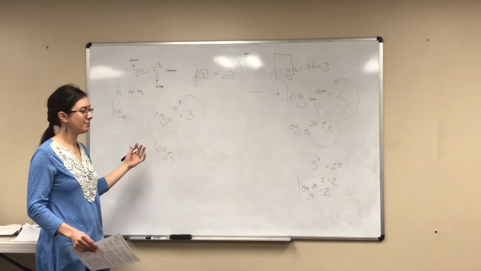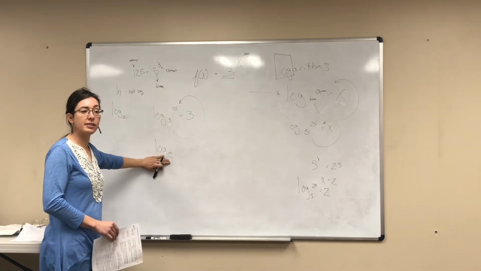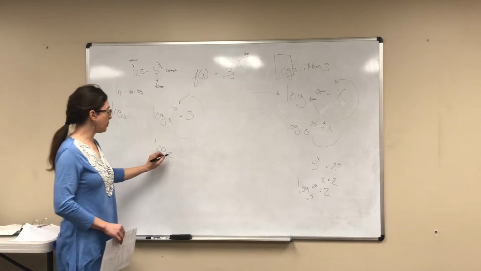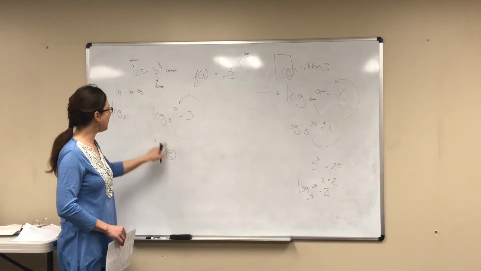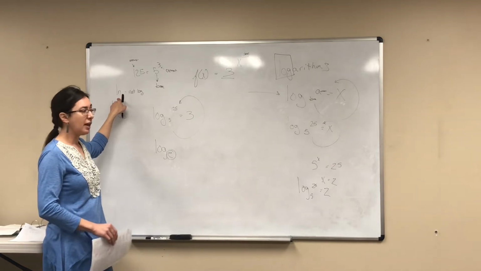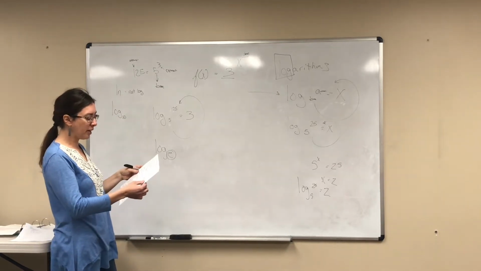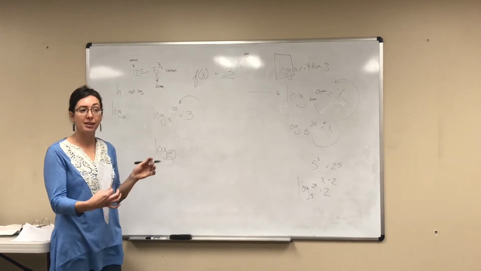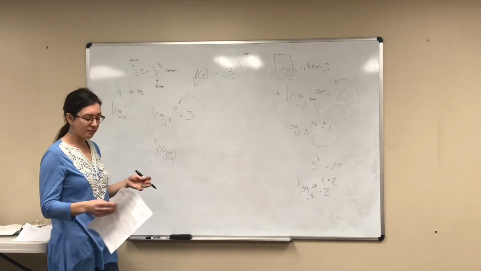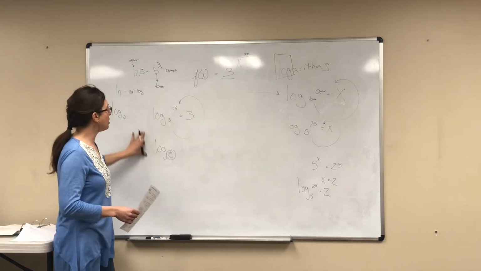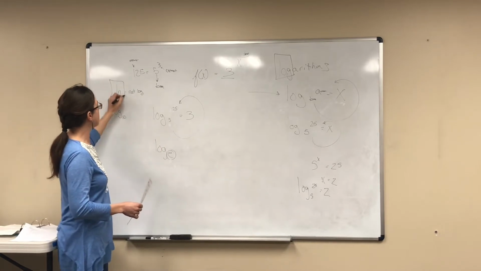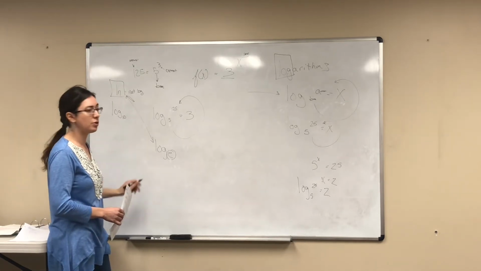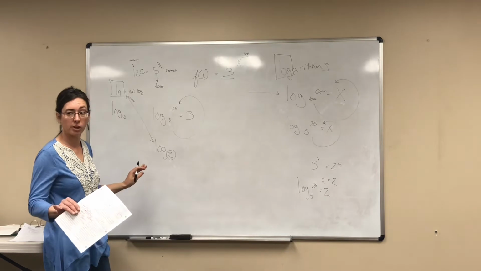They call it e. I haven't come up with a good reason of why they call it e yet. If you see log with the base, remember whatever's down low, the base is e, that is a natural log. And it tells you on here that e is equal to about 2.71828. It's kind of like a pi number. Whenever you see log base e, then on your calculator you can use your natural log button. All you need to know is that these two things are the same. That's all you need to know for that.